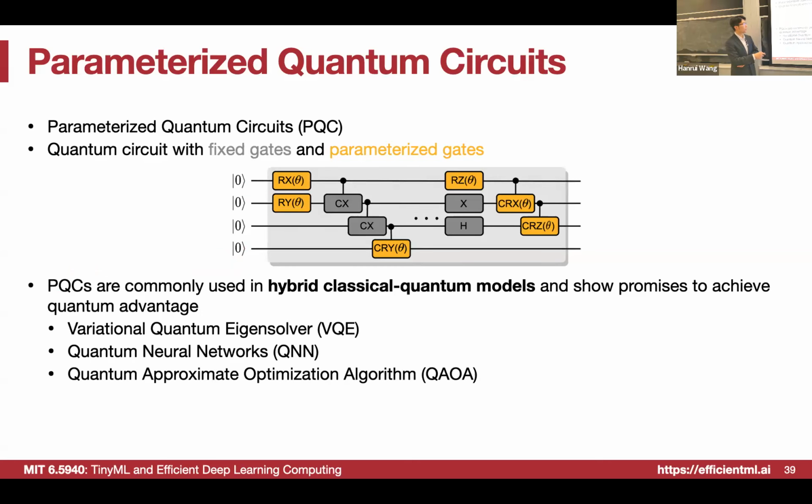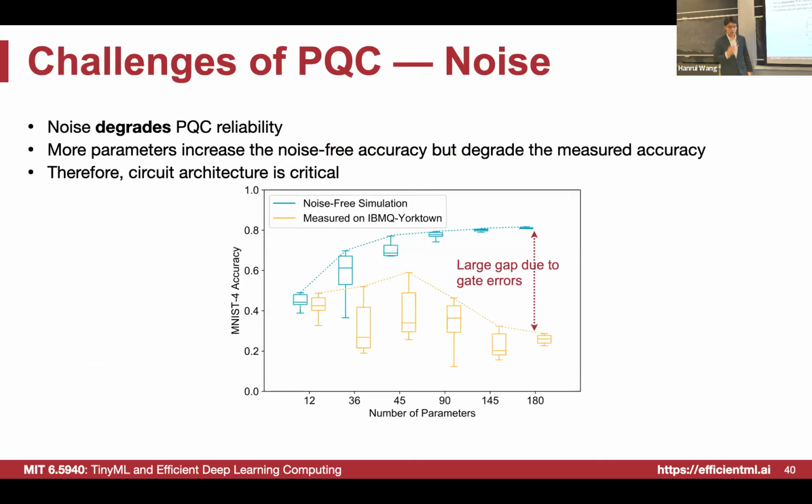This is for general parameterized circuits with different kinds of rotation angles and different gates, and we are targeting variational quantum algorithms, for example VQE, quantum neural nets, or quantum approximate optimization algorithms.